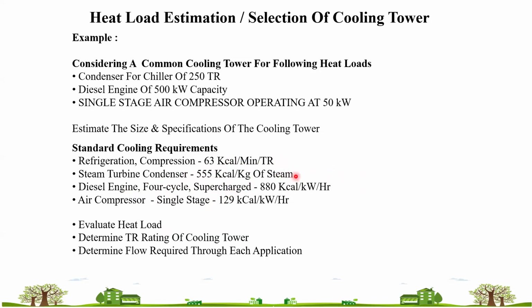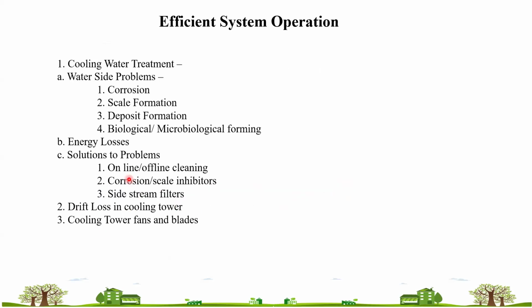They were provided with 880 kcal per kilowatt hour, and according to that the capacity was selected. Then air compressors: there are water-cooled air compressors we have seen in the air compressor chapter. Air compressors are majorly 129 kcal per kilowatt hour. These are some cooling tower standard sizings for that particular heat load.